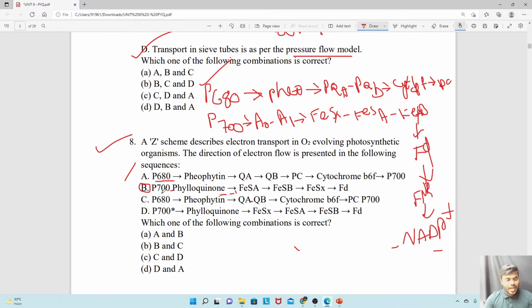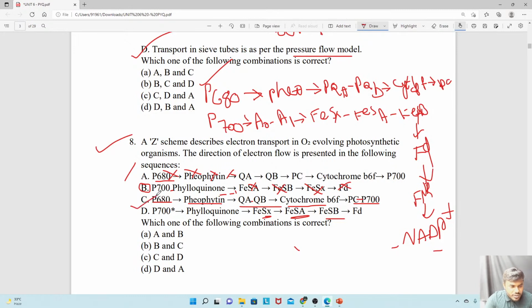So if you look into option B, P700, phylloquinone, FA, FB, FX, FD. No, listen to me carefully, everyone. First is iron sulfur X, after that iron sulfur A and iron sulfur B. So undoubtedly friends, option B is also wrong, option A is also wrong. Now option C: P680, pheophytin, quinone A, quinone B, cytochrome b6f, plastocyanin, P700.